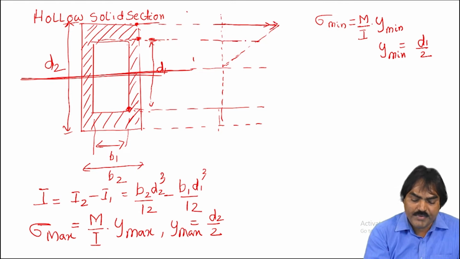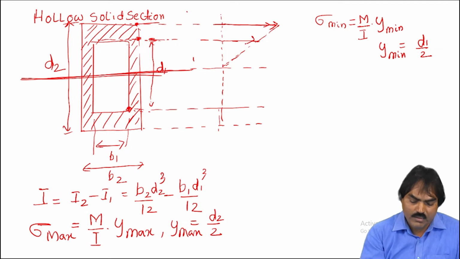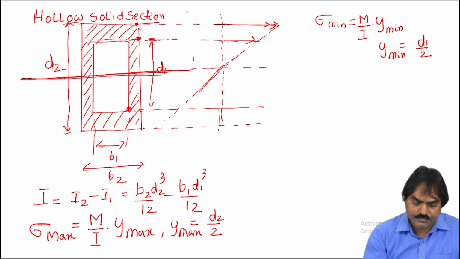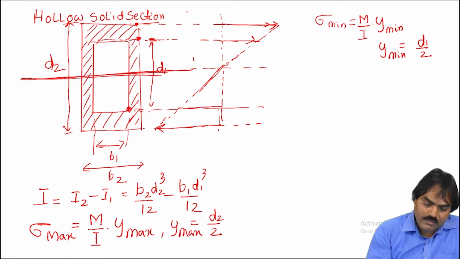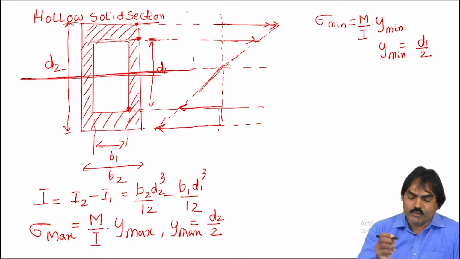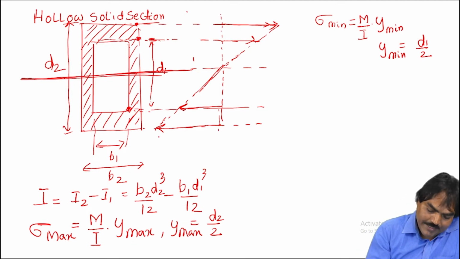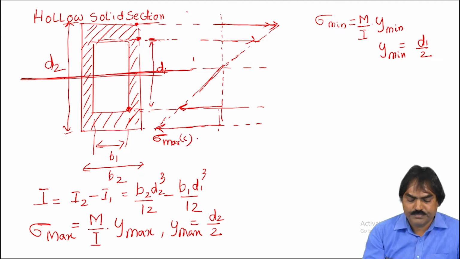This is the minimum tensile stress. Here at the bottom, because it varies linearly, this is the maximum compressive stress. Here, this is the minimum compressive stress. I'll write here sigma max compression.